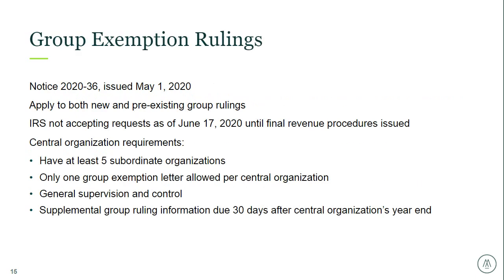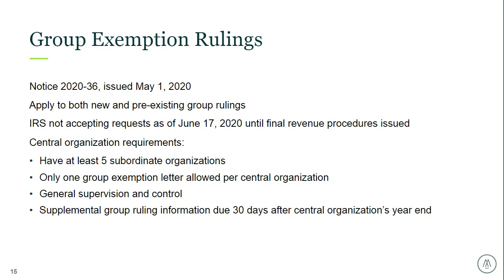Another big project the IRS has been working on is regarding its group exemption program. So this is where the IRS recognizes a group of organizations as tax exempt if they are affiliated with a central organization. So this avoids the need for each of the organizations to apply for exemption individually.